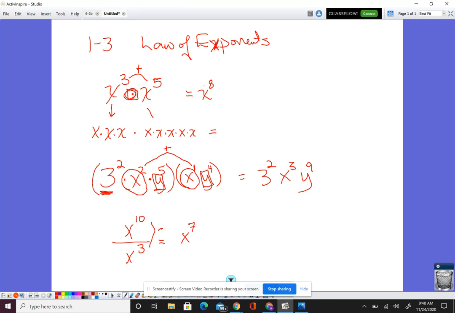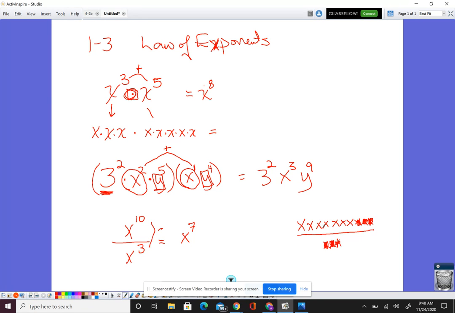10 minus 3. And the reason why that works is if you think about expanding out that x to the 10th, you have 10 of these little x's on top. And then on the bottom, we have 3 of the x's. And we know that from the top to the bottom of a fraction, we can cancel out like things. So we cancel out one of those with one of these, and again, and again.